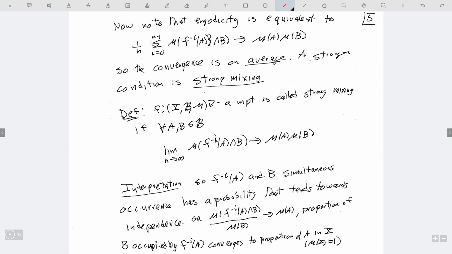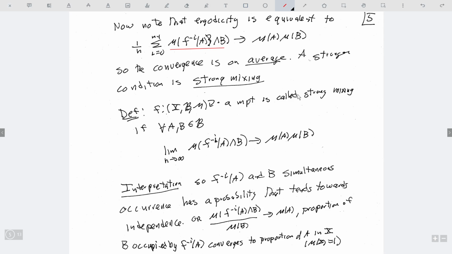All right, so we've been talking thus far about convergence on average. So we get this sum here, this averaging of these measures. Now, when we want a stronger condition, you might say, well, why not just look at convergence? Why do convergence on average? Why not just look at convergence of this guy?